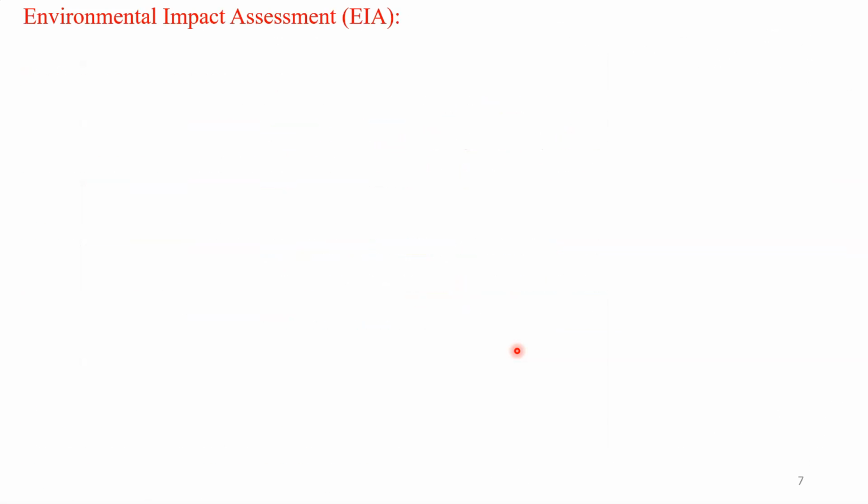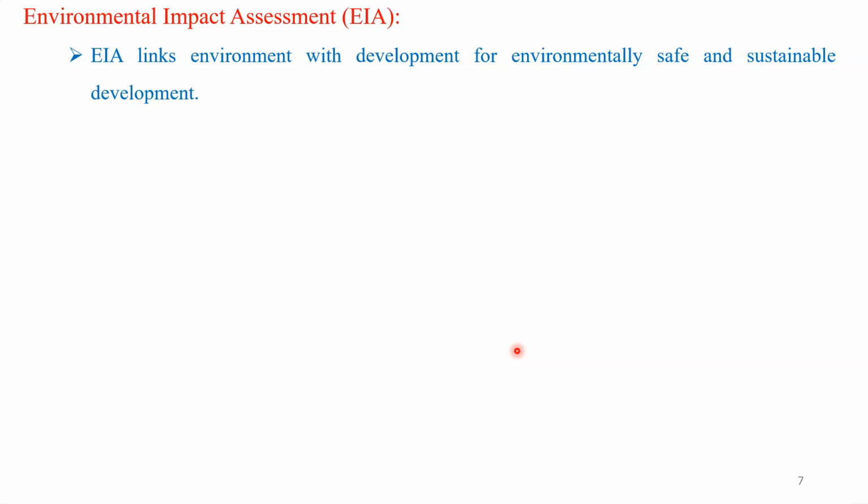On the basis of all these definitions, we can conclude some important characteristics of environmental impact assessment. First, it links environment with development for environmentally safe and sustainable development. When we implement any project with the help of environmental impact assessment, it will be useful for ecological balance and for human and economic sustainable development.